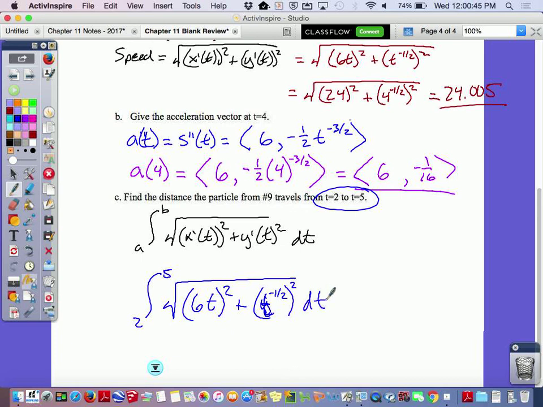And then, again, however you want to plug this into the calculator, remember I showed you the trick earlier where you'd want to plug the 6t into x sub 1, and t to the negative 1/2 into y sub 2. It simplifies it, you don't have to worry so much about the exponents. But when you plug this in, you should end up getting 63.025 for that answer.